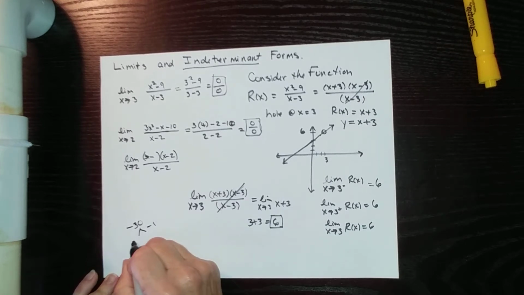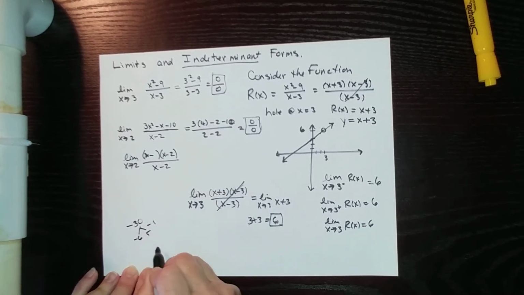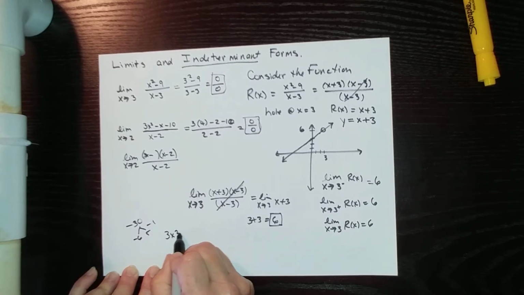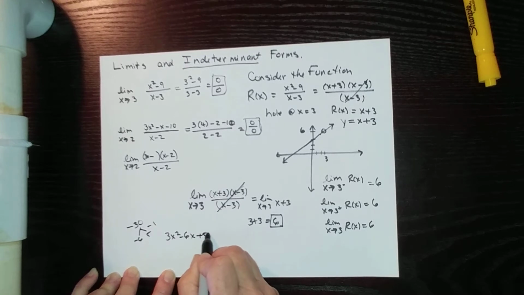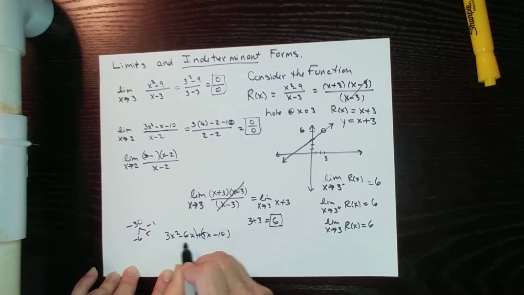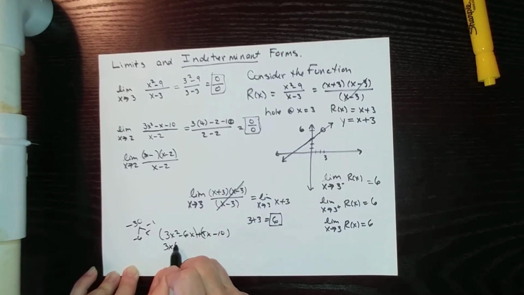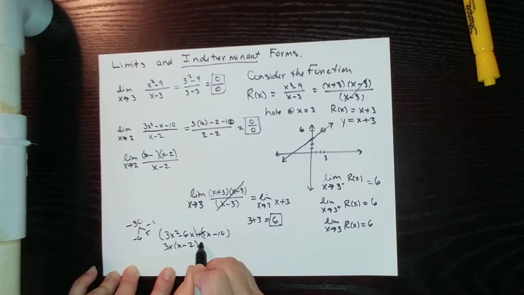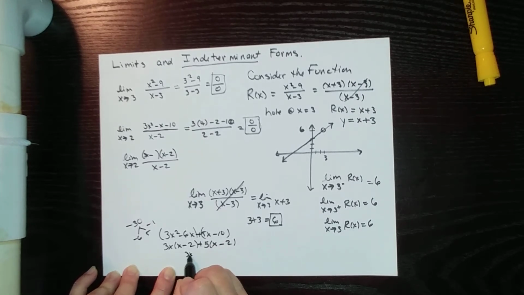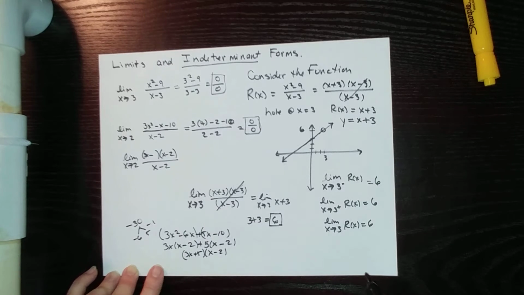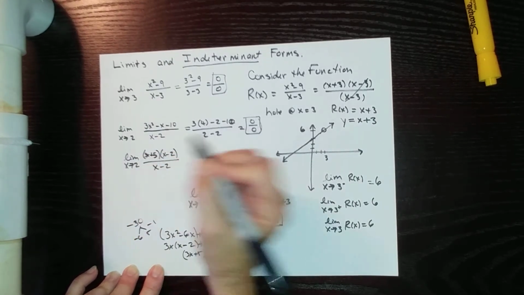Negative 30, negative 1, that's a negative 6 and a positive 5, so it will factor. 3x squared minus 6x plus 5x minus 10. Let's see, 3x times x minus 2, plus 5 times x minus 2, so 3x plus 5 times x minus 2. Is that right? 5x minus 6x, okay. 3x plus 5, okay. That's what it factors into.